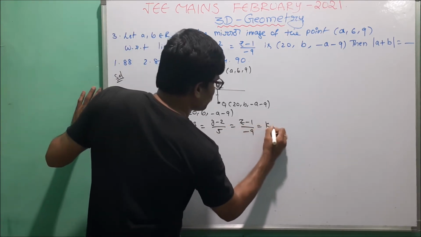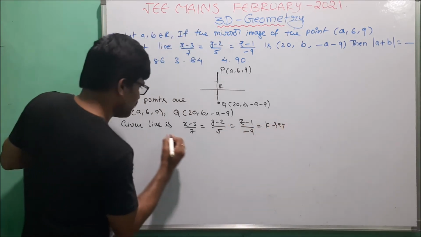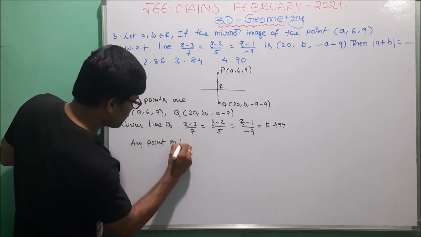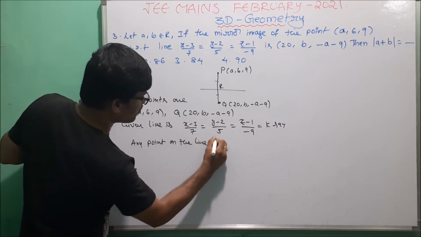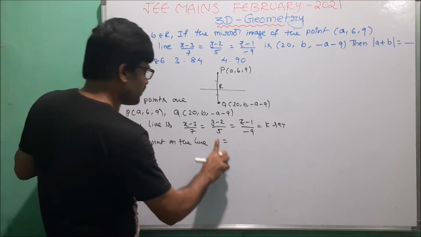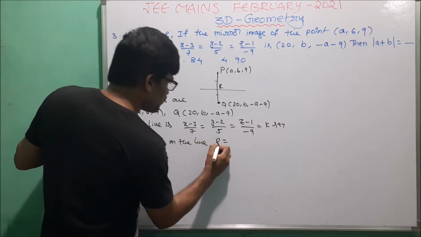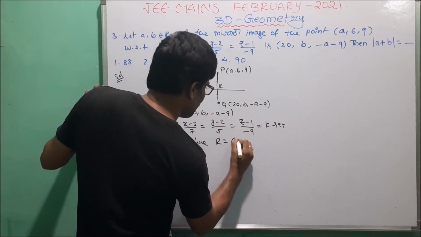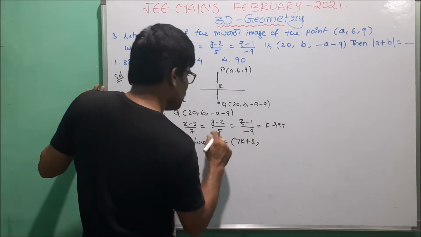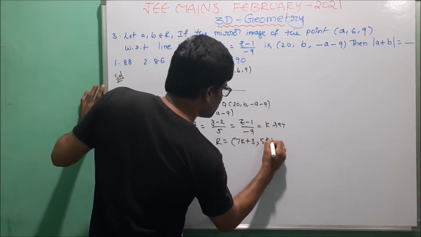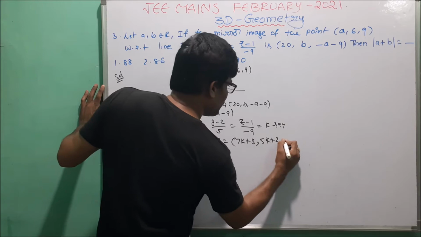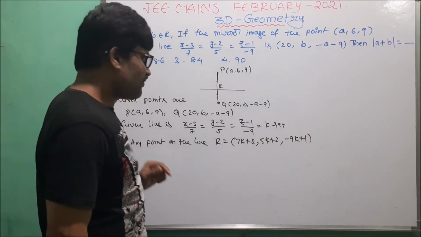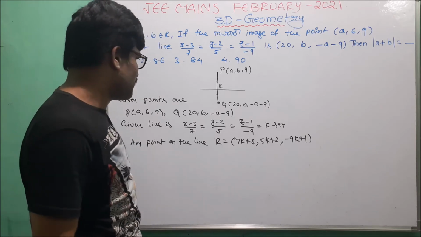Here also we have to take some k. Any point on the line, that is R, equals 7k plus 3, 5k plus 2, minus 9k plus 1.